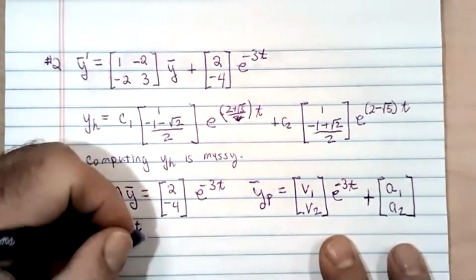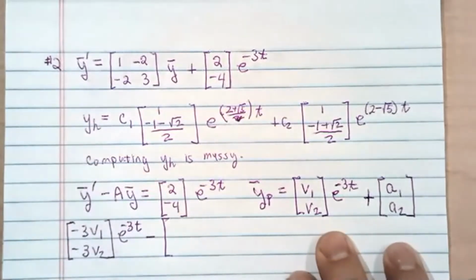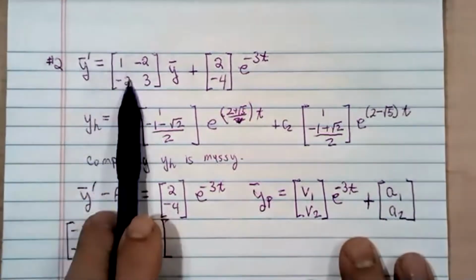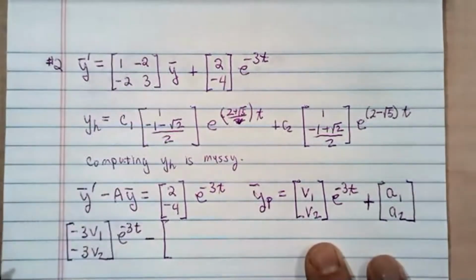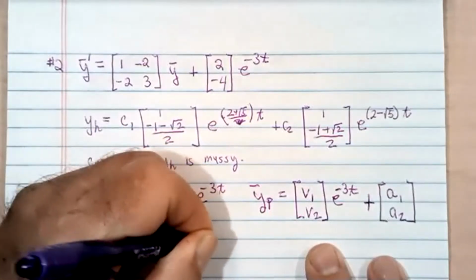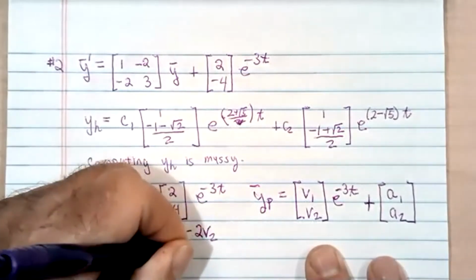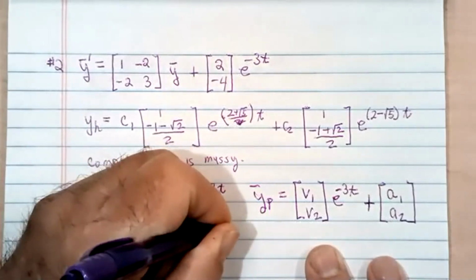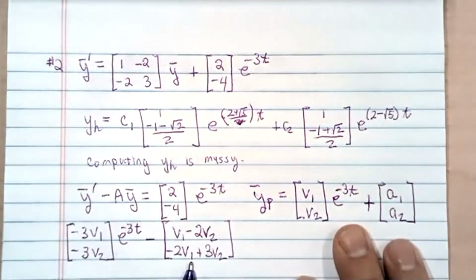Now I want to subtract off what I get when I multiply this vector and this vector by the matrix A. So I'm looking way up here for A. So v1 and v2 multiplying this vector, I get v1 minus 2v2, and minus 2v1 plus 3v2. And of course, this vector is still multiplied by e to the minus 3t.